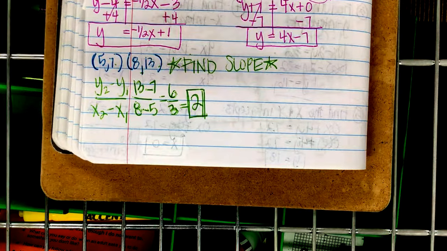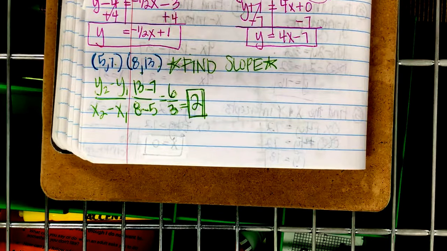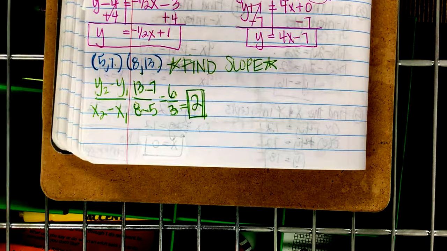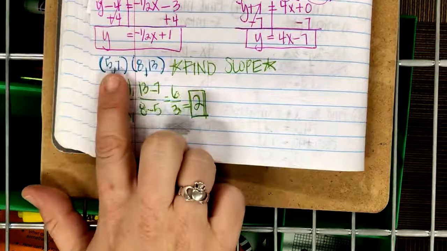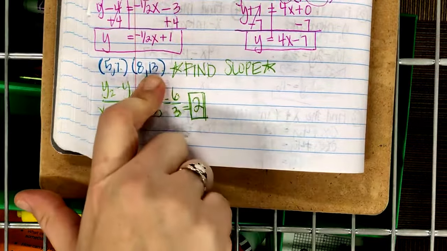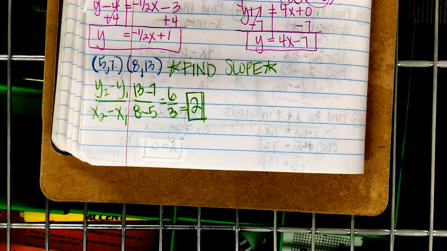All right, so now I have a point and a slope. But here's my question. Which point should I use? I would like the ladies to use 5, 7. Gentlemen, I would like you to use 8, 13. Let's see if we get the same answer.